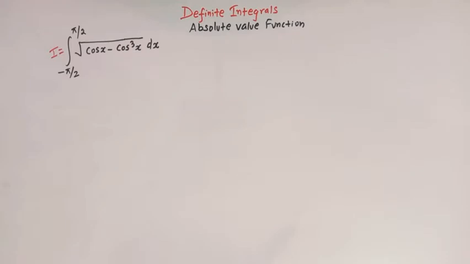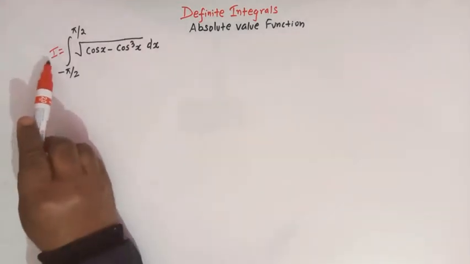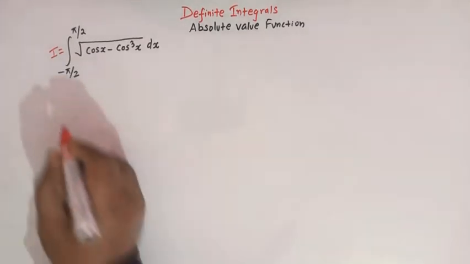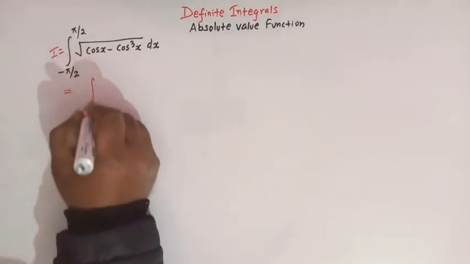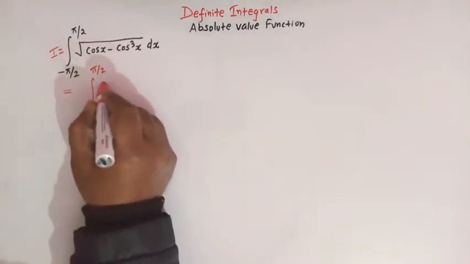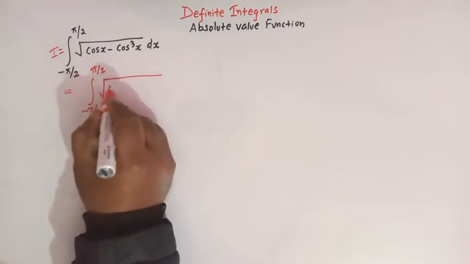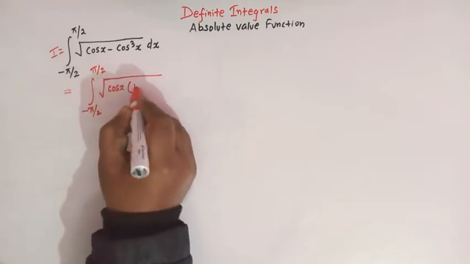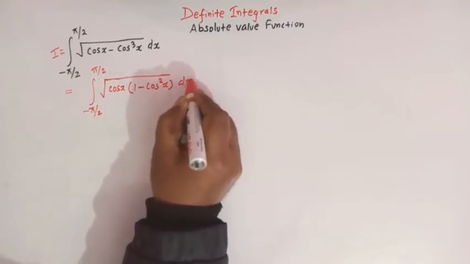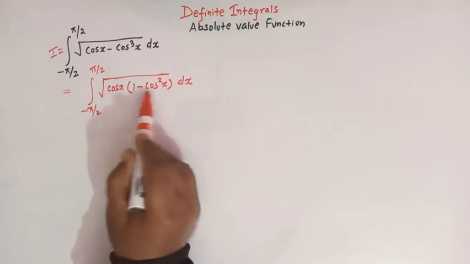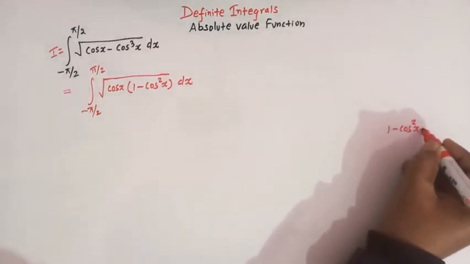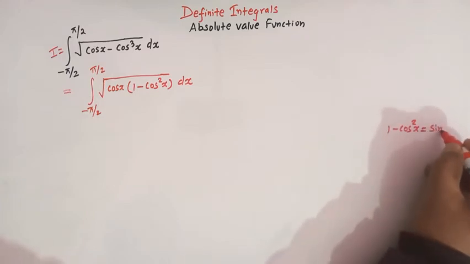So let us start now. Let us first take this integral as I. Now let us take cos x common, and we will have square root of cos x times 1 minus cos square x. Now we know from trigonometry that 1 minus cos square x is equal to sine square x.